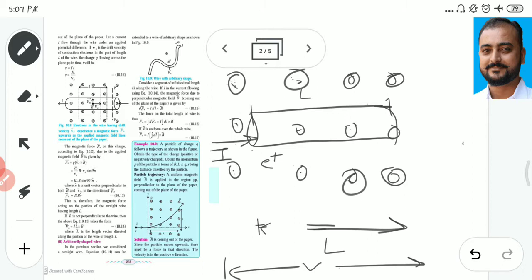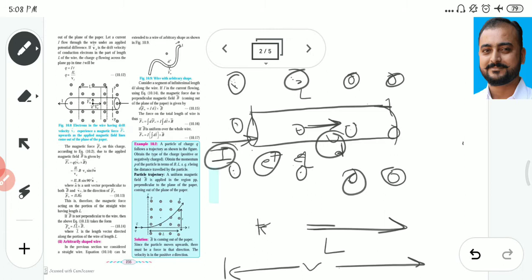Let us indicate the positive charge. Let Q be the charge moving across this wire, with velocity Vd, called the drift velocity. This is the drift velocity of the charge, and the velocity of the charge and the current are both in the same direction.